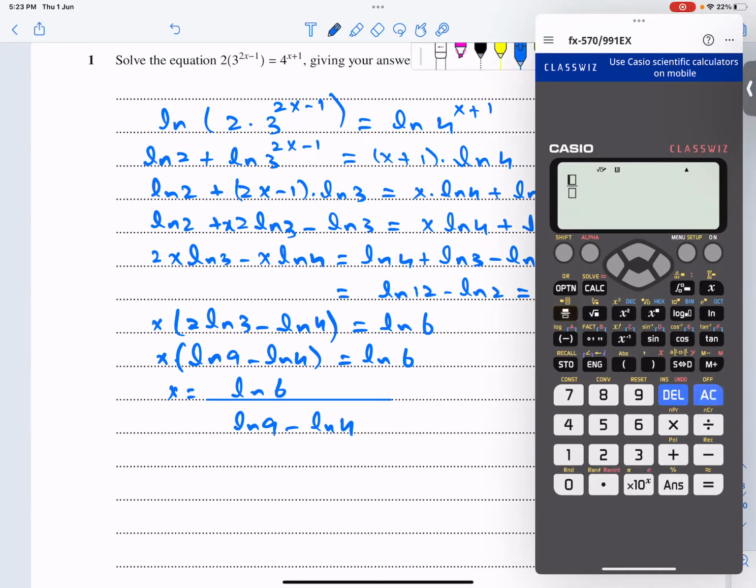So ln of 6 bracket divided by ln of 9 minus ln of 4 equals to, this will be x is equal to 2.21.